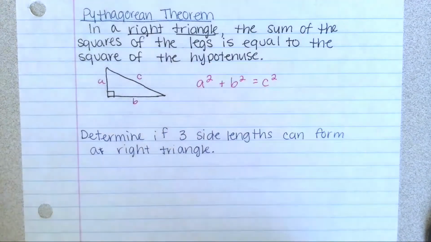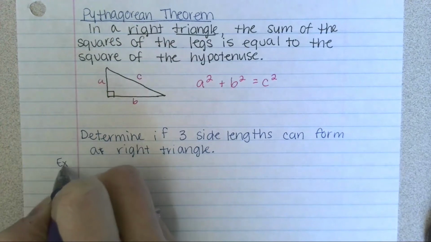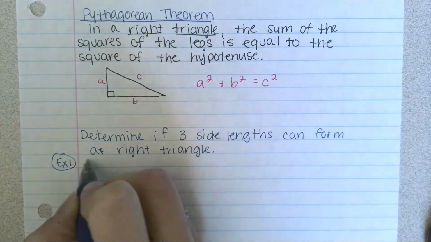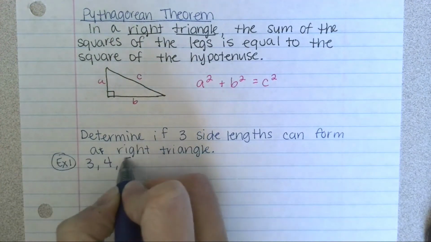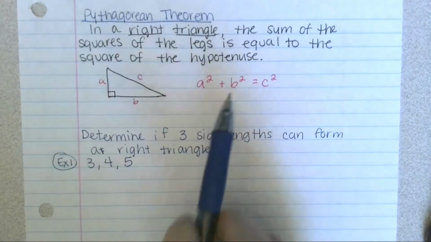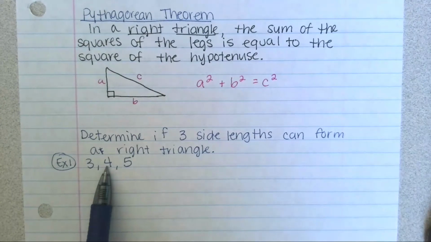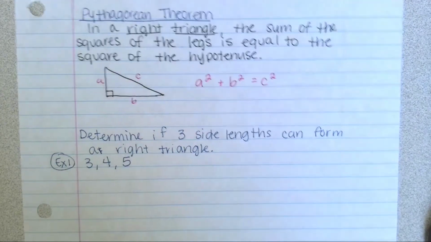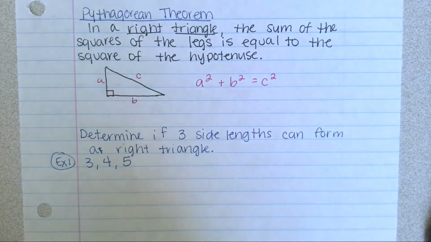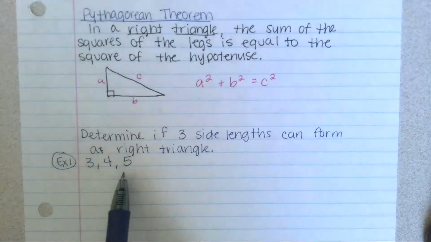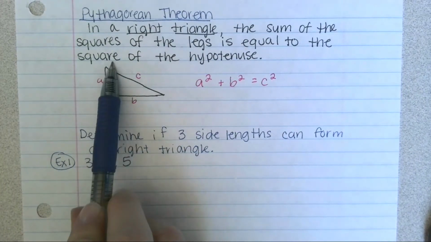So let's look at example 1. If you are given the side lengths 3, 4, and 5, I can use the Pythagorean theorem to determine if I can plug these in and see if they would actually make a right triangle. Are these side lengths long enough to fit something like this?